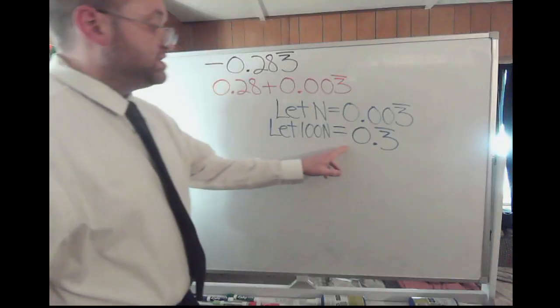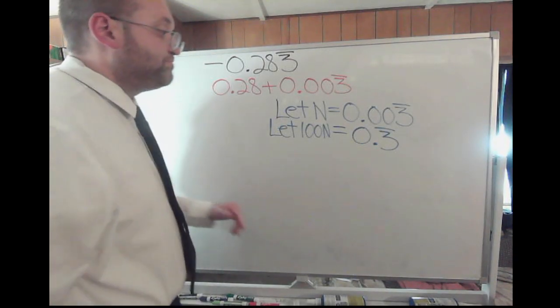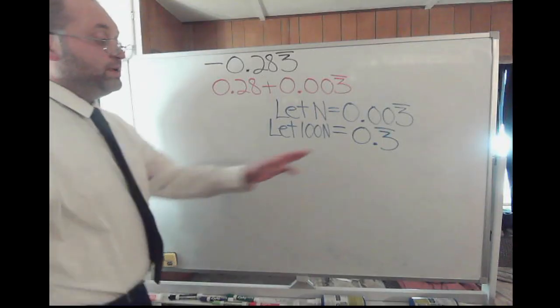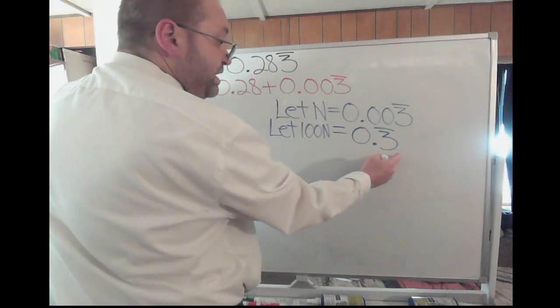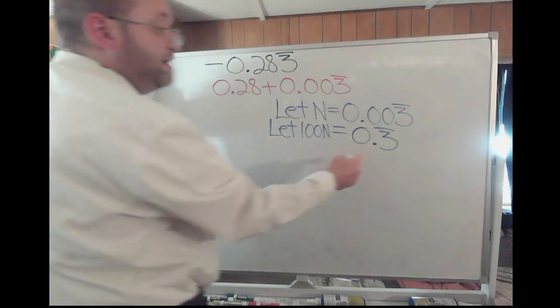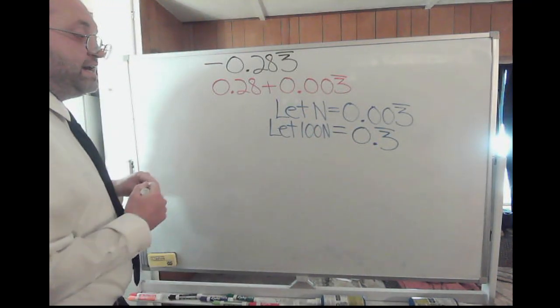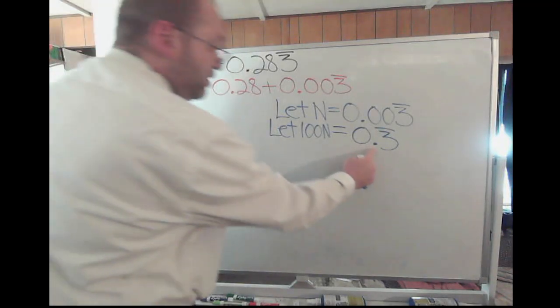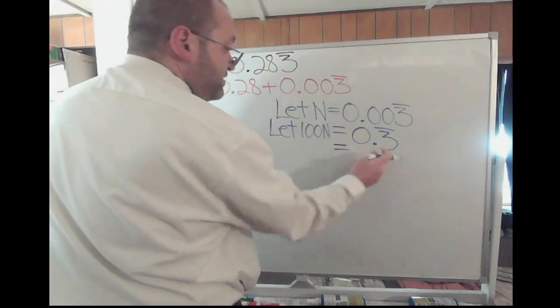Now we actually have something we can work with. Let 100n equal 0.3 repeating. Now that the repeating number is immediately after the decimal, it's easy to multiply 1 more decimal place and get a whole number with the decimal.